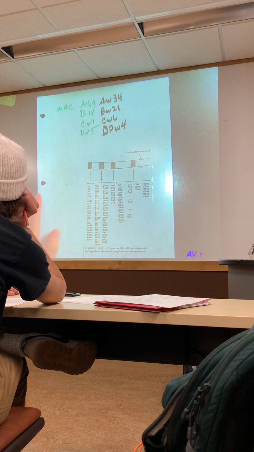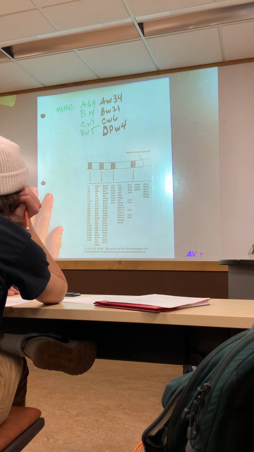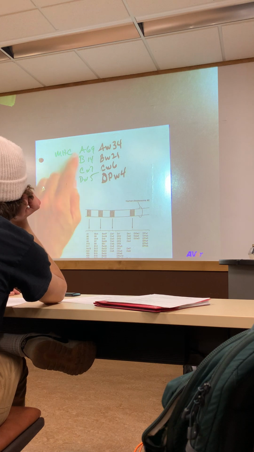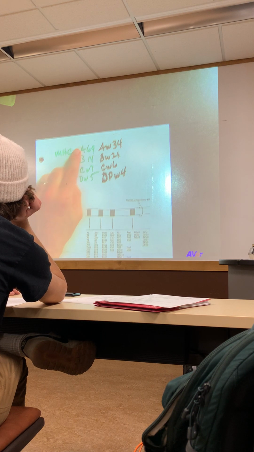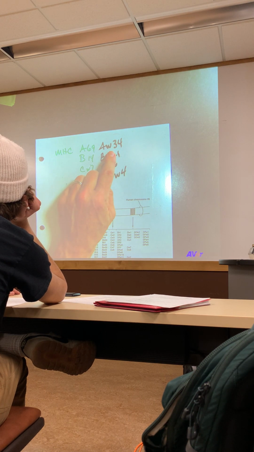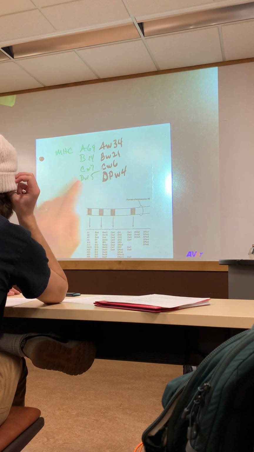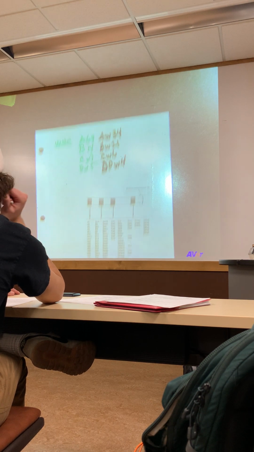So if you've got a set of these genes from mom and a set from dad, let's pretend that I'm A69 from my mom and AW34 from my dad, B14 from my mom, BW21 from my dad, CW7 and CW6 and DW5 and DPW4.